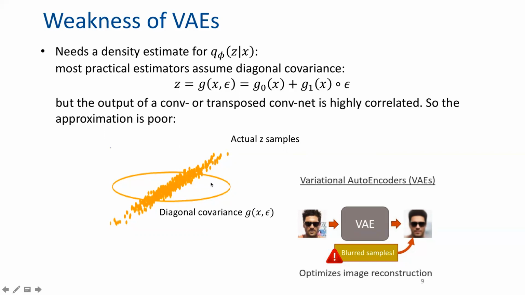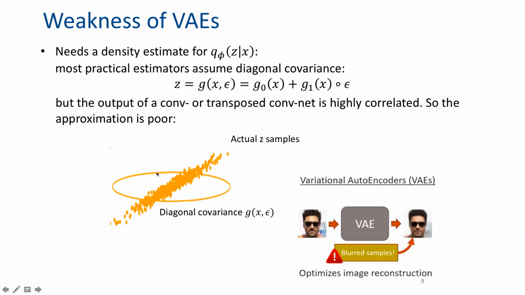It's a little bit like the approximations that we saw earlier in RMSprop or AdaGrad, where you compute a coordinate aligned approximation to the variation of the gradients. So this, especially in high dimensions, can be very, very far from the actual distribution. I'm sorry, the actual distribution here can be very, very far from what the VAE can approximate.